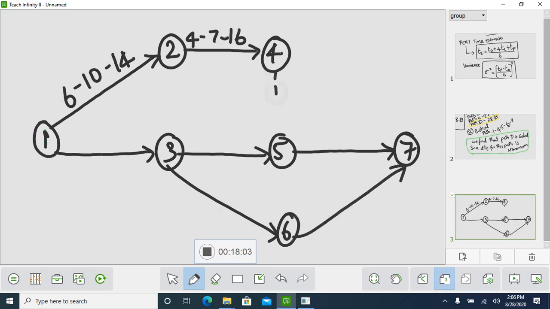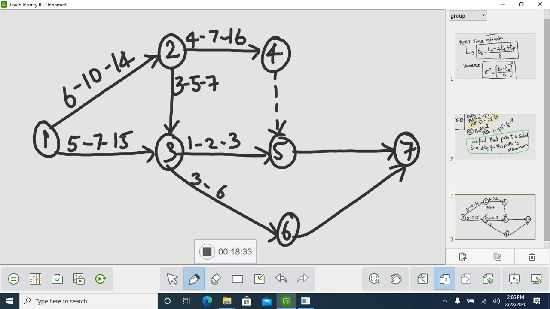So here you have a dummy activity. You all know what a dummy is. A dummy does not have any time resource. For all the activities, I have written the optimistic time.